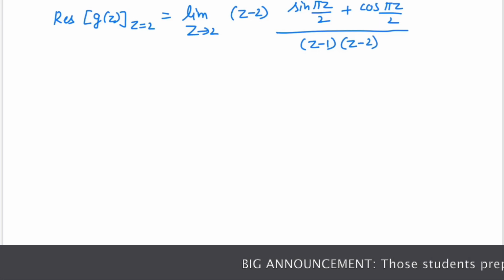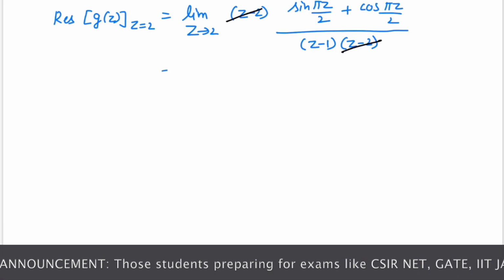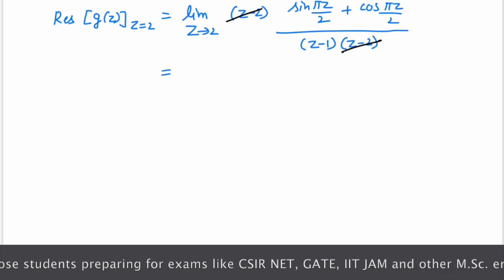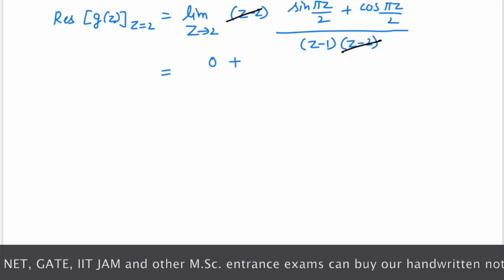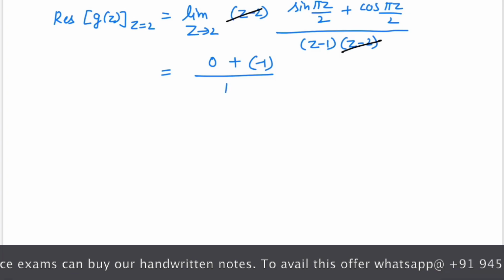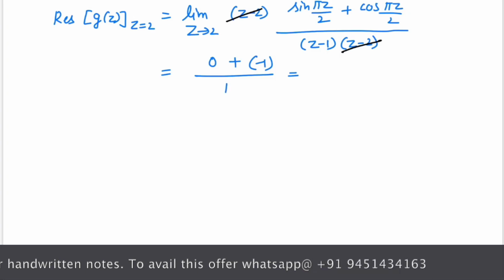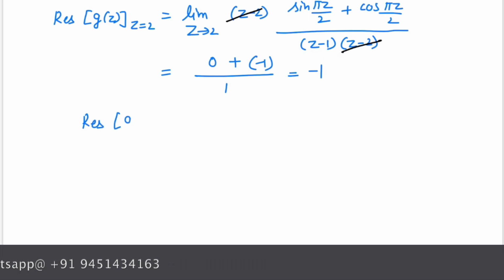Okay. Now we can see here this factor z minus 2 cancels out. So now we are left with, on putting limit, we will get 0 plus minus 1 over 1. Okay. So this equals to minus 1. So we have residue at point z equals to 2 is again minus 1.